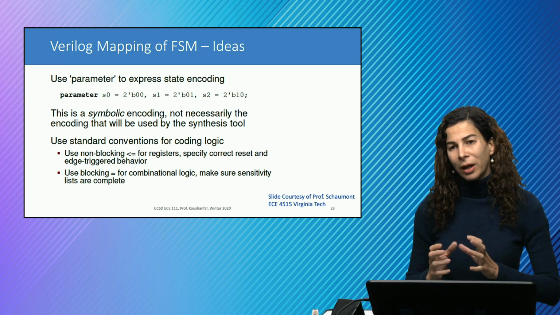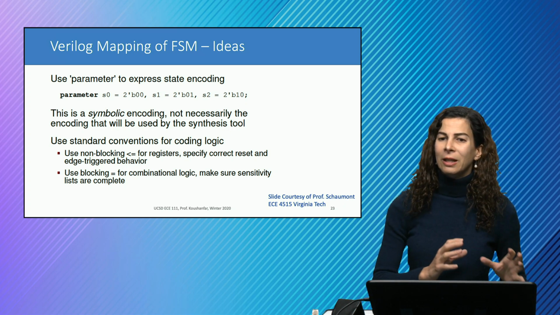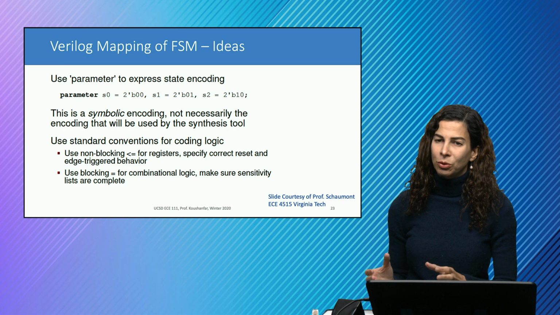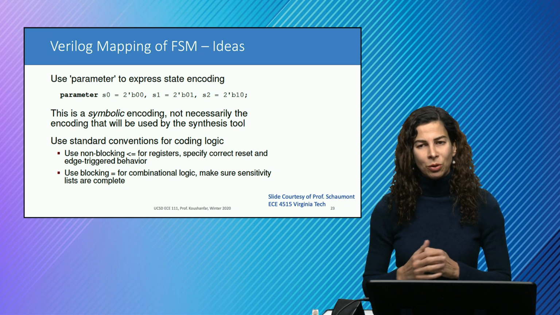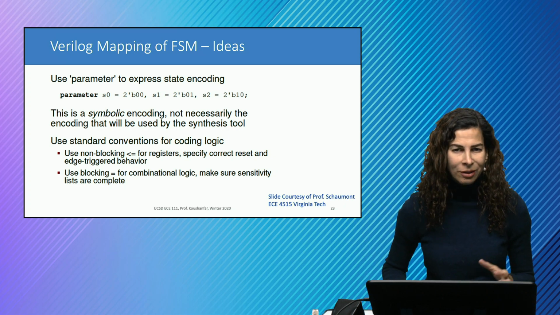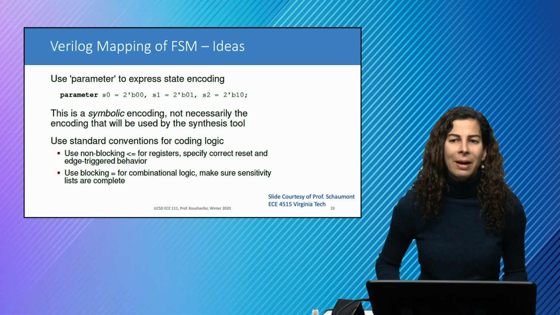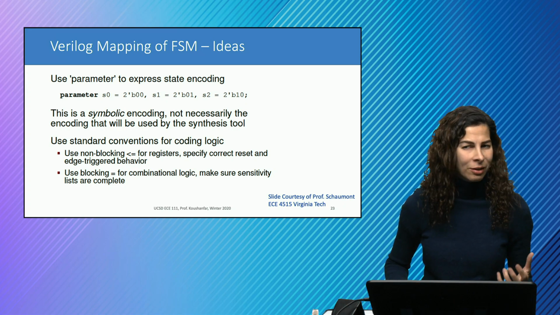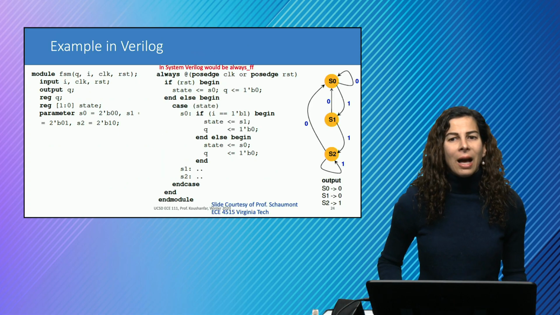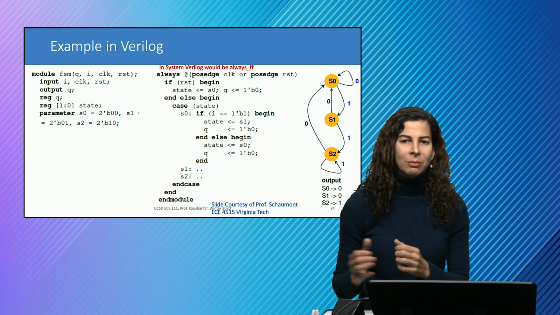But if you're trying to code things, try to make it standard. When you're talking about registers and assigning values to the registers, use non-blocking. When you're trying to do a combinational circuit, use blocking. That way you make sure that you get the correct functionality. Again, we have the finite state machine.